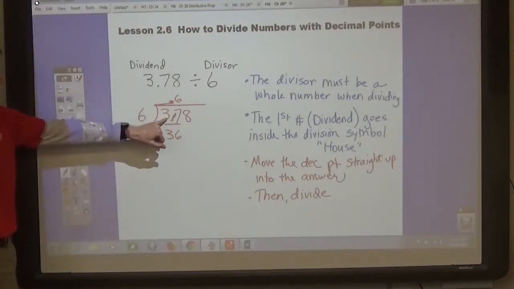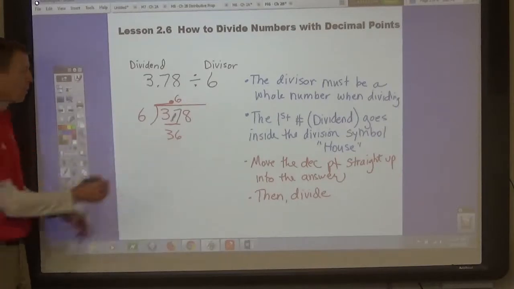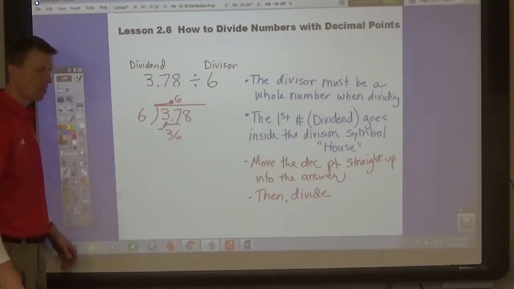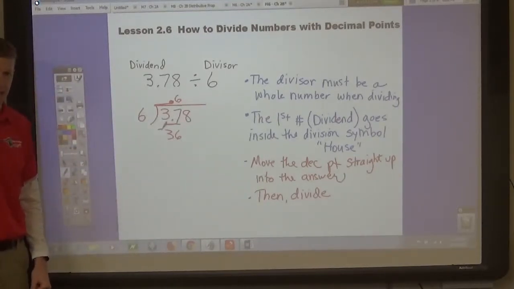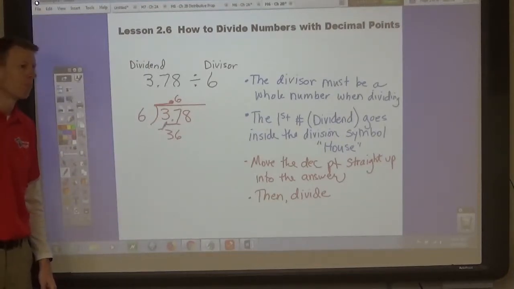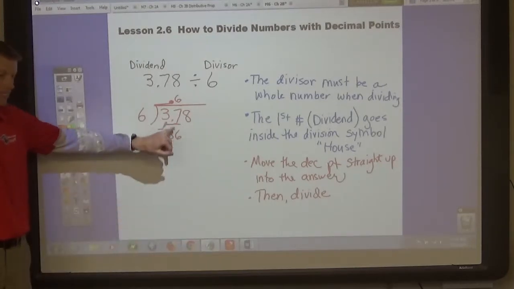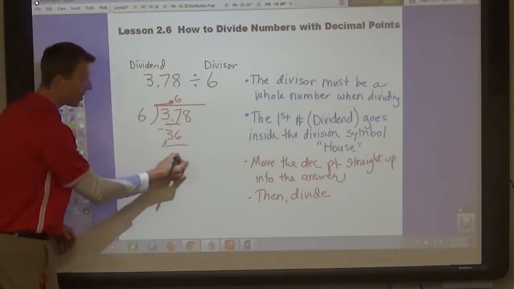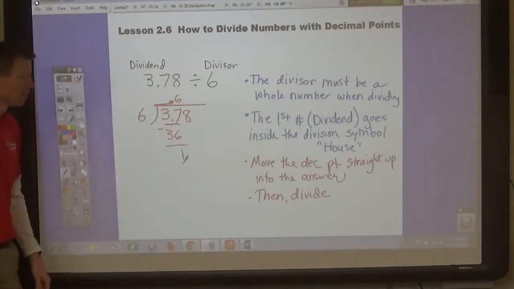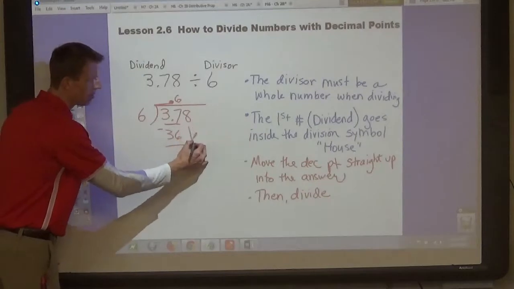So would we do 3.7 minus 36 or just 37 minus 36? Sam? We would do 37 minus 36. Yes, 37 minus 36. So ignoring the decimal point, right? And that's remainder 1. Bring down the 8.